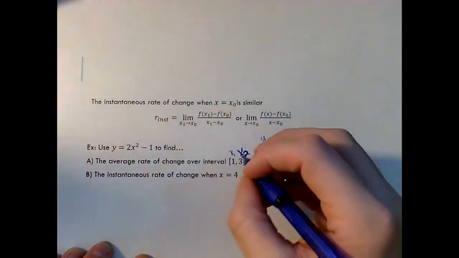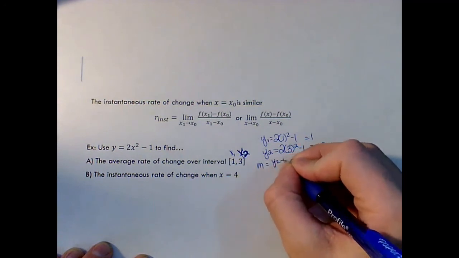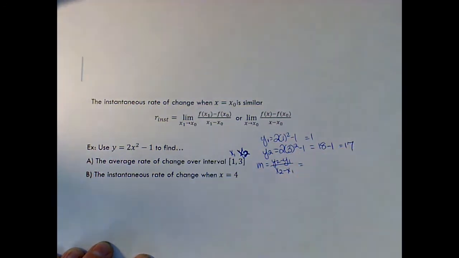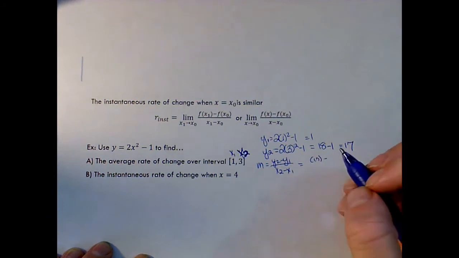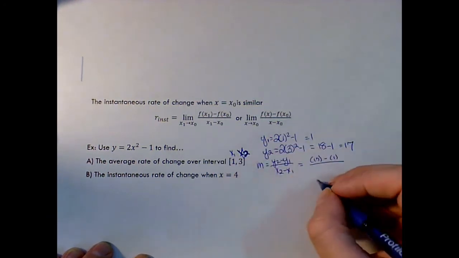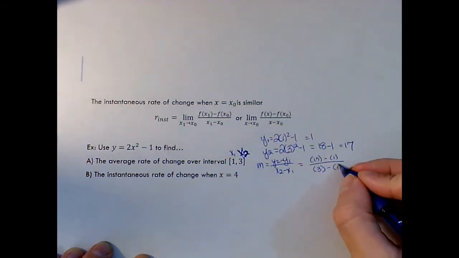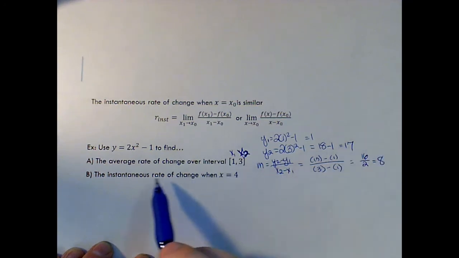So the average rate of change is just the slope formula. M equals y sub 2 minus y sub 1 over x sub 2 minus x sub 1. Y sub 2 is 17 minus y sub 1, which is 1, over x sub 2, which is 3, minus x sub 1, which is 1. 16 over 2 is 8.